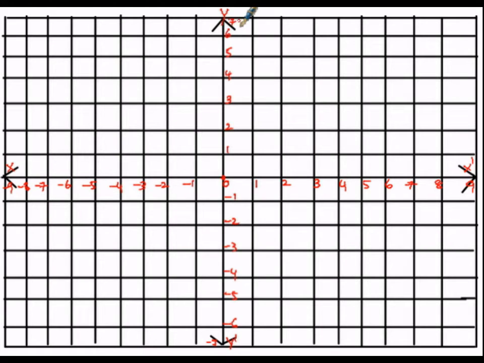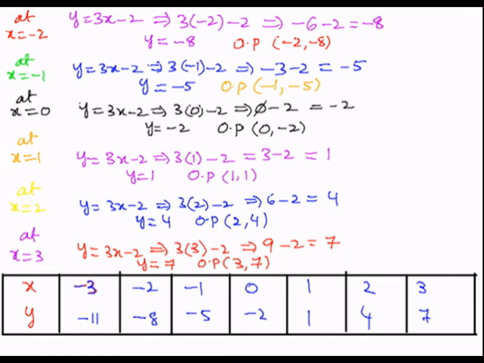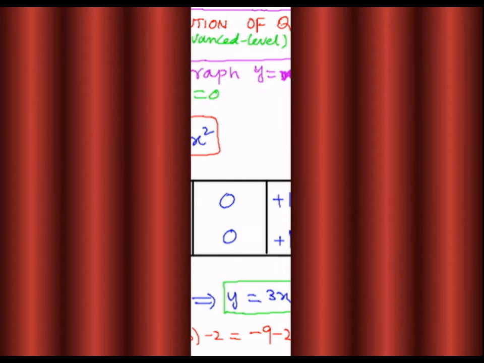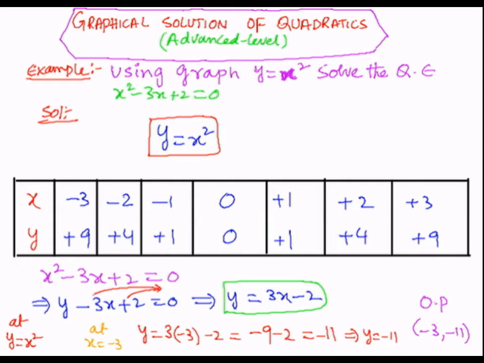Now, while plotting, first of all we are going to plot the y equals x square graph. Since y equals x square, the ordered pairs are -3, 9, -2, 4 as the first two ordered pairs.